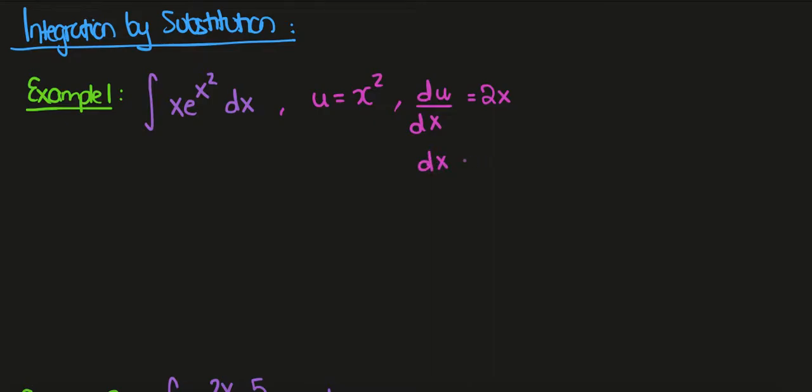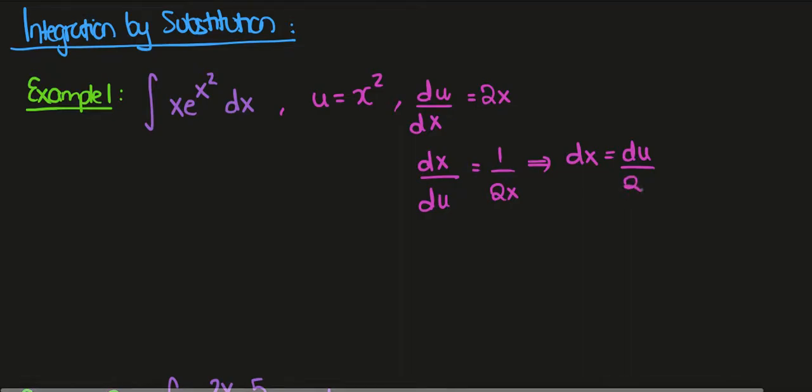So if we flip this, then dx on du is 1 over 2x, and so dx is du on 2x.